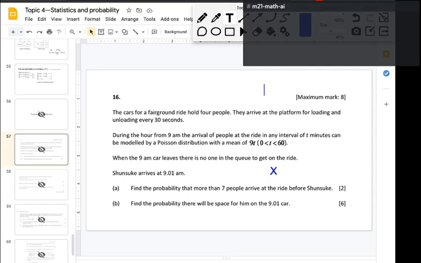So they load and unload every 30 seconds. That means the mean of people arriving at the 9:01 car.